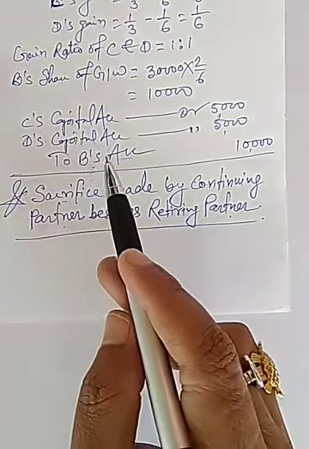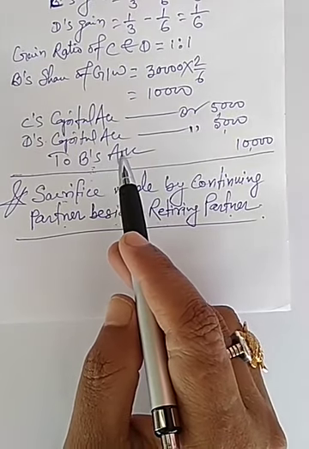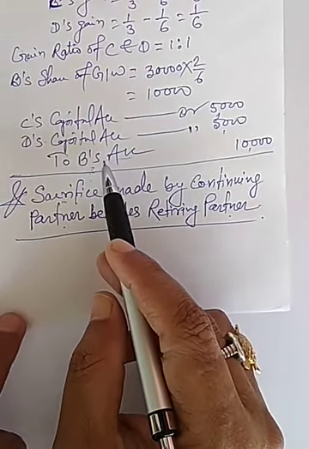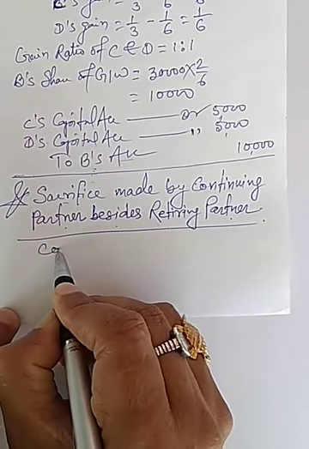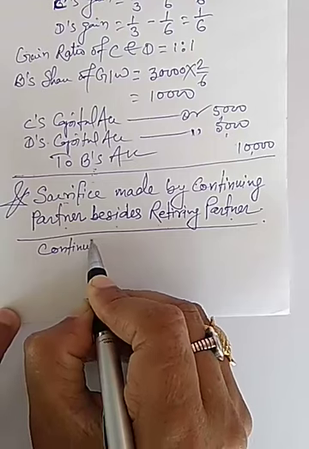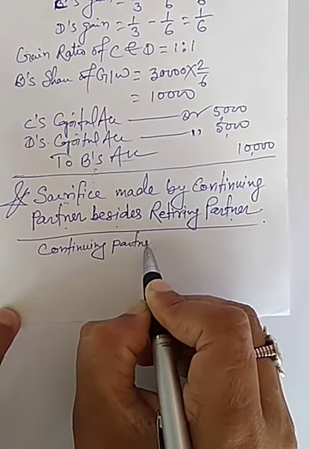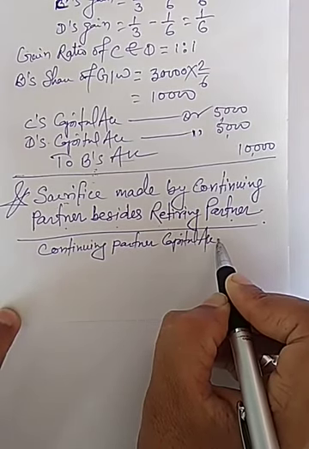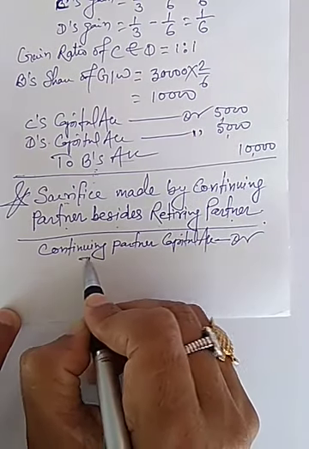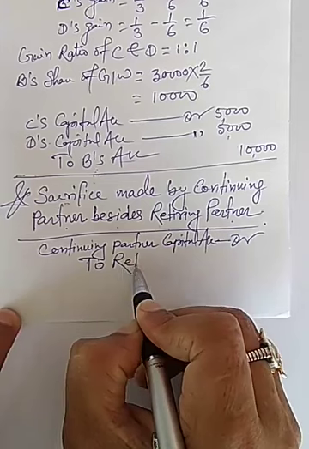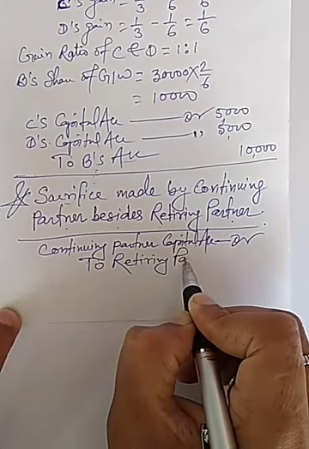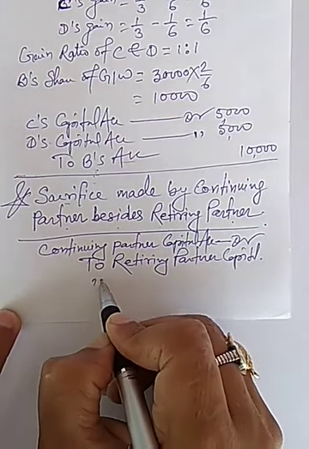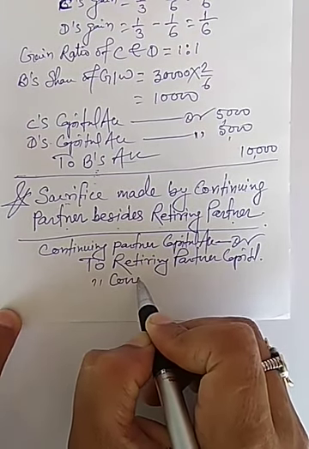The journal entry will be the same, but I can write it as: continuing partner's capital account Dr to retiring partner's capital account, to continuing partner's capital account.